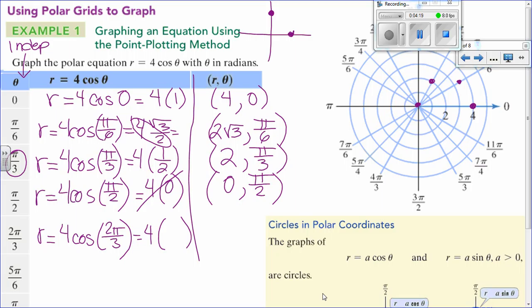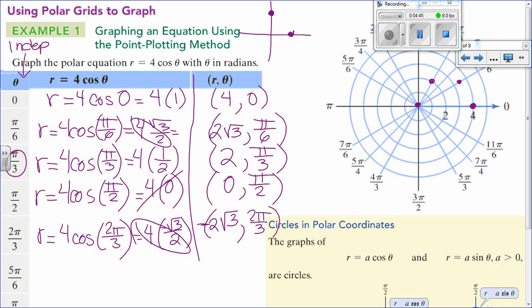So it will be the same as this one, but negative. Okay. Negative square root of 3 over 2. And so 4 divided by 2 is 2. So that will be negative 2 times the square root of 3, comma, 2 pi over 3.